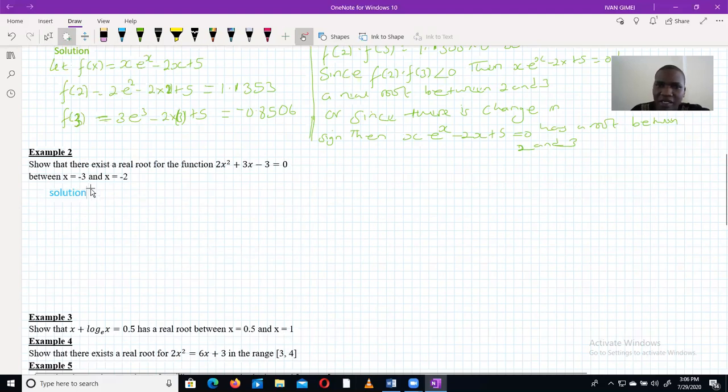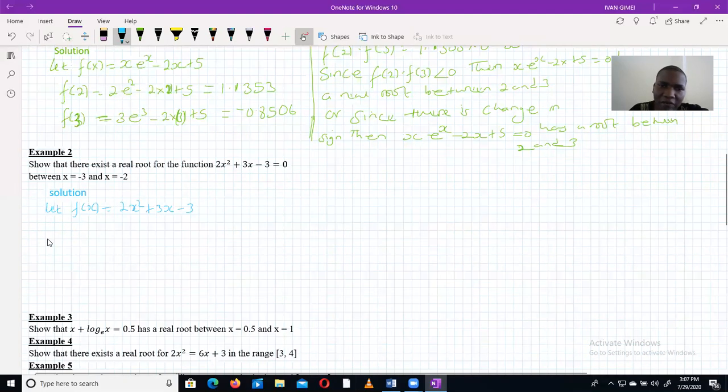So, like we've just done with part A, you do the same here. You first of all define your function. Let f of x be equivalent to 2x squared plus 3x minus 3. That's what we have.